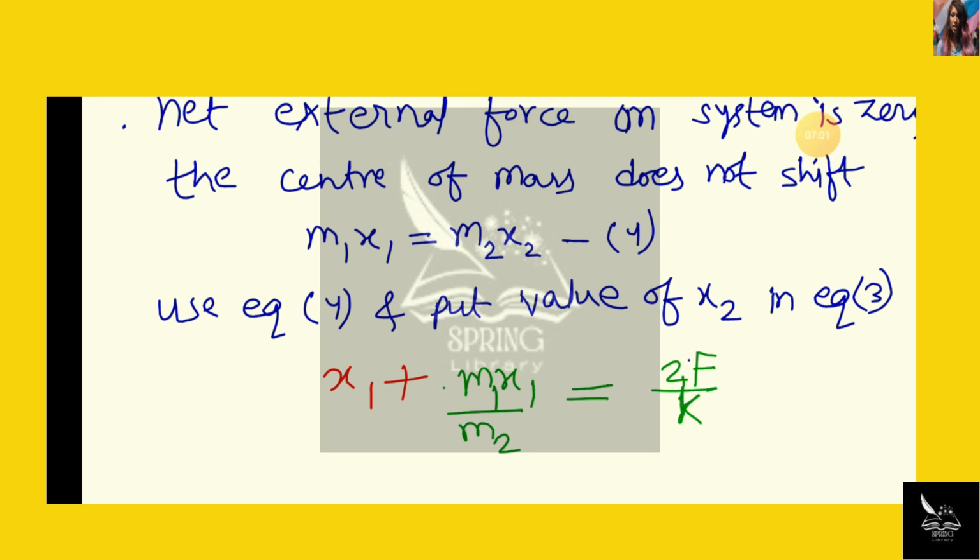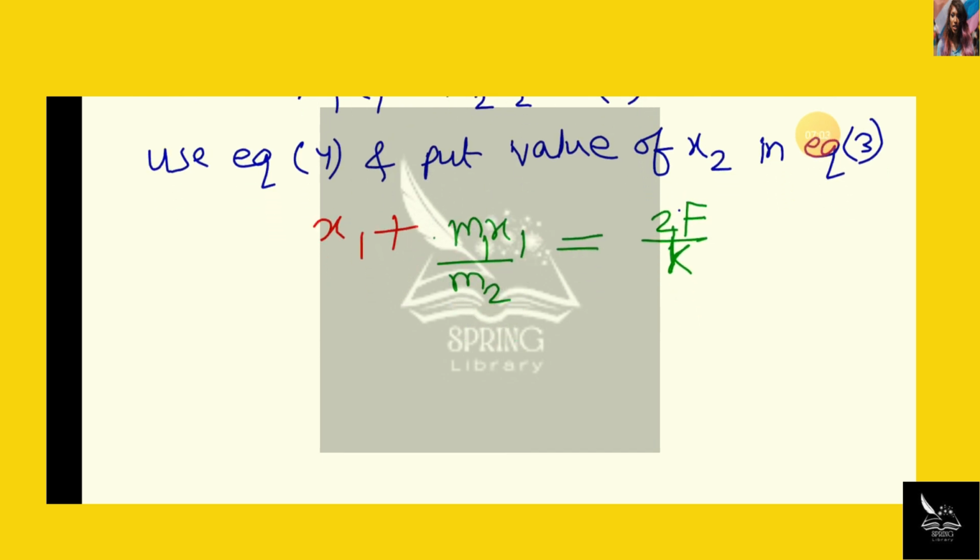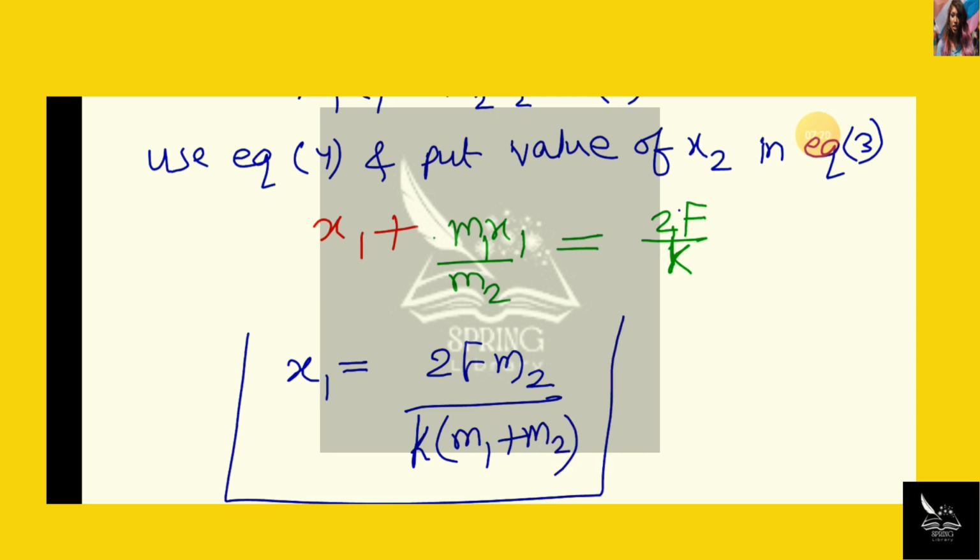Simplifying, I get the value of x1 equal to 2f m2 divided by k times (m1 plus m2). This is the extension for the first block.